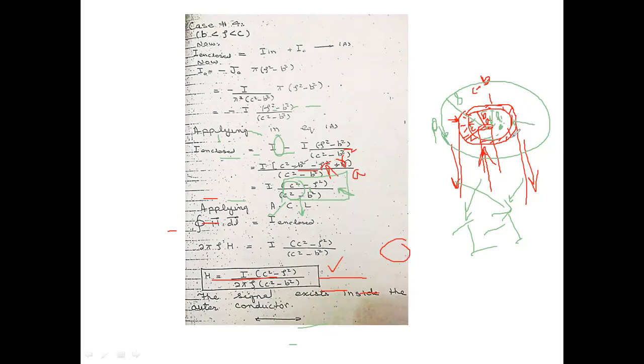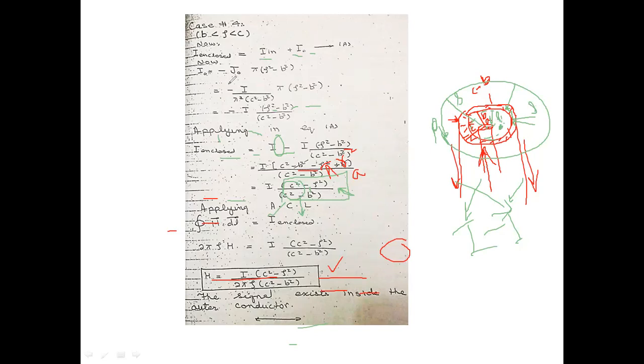This is actually in between B and C. So we will consider an imaginary closed path around this that crosses this point P. The radius for this will be rho. So now I enclosed in that region is both currents involved, this and this as well. So I in plus I out.